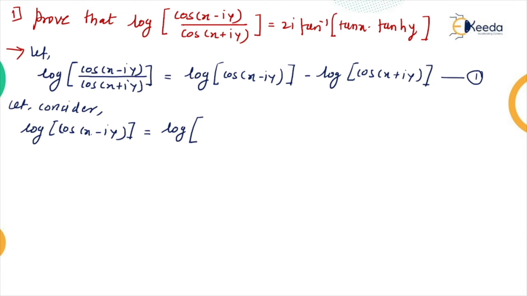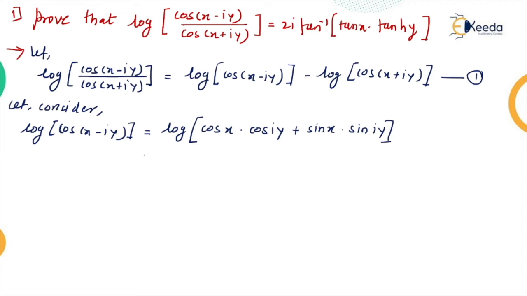So this is cos x into cos iy, and the minus becomes plus, sin x into sin iy. So we use the formula for cos(a minus b).